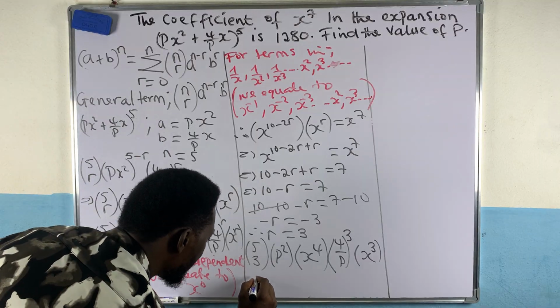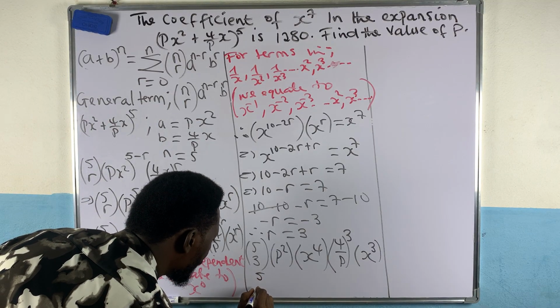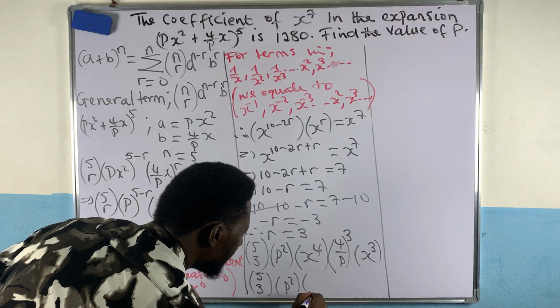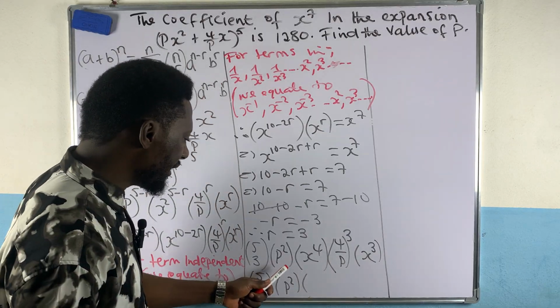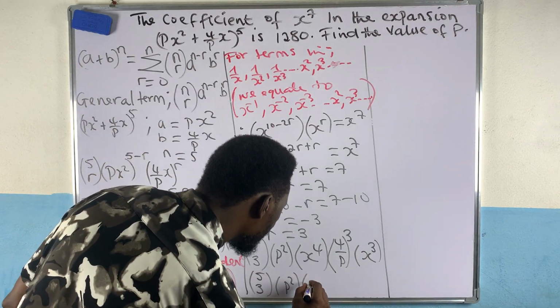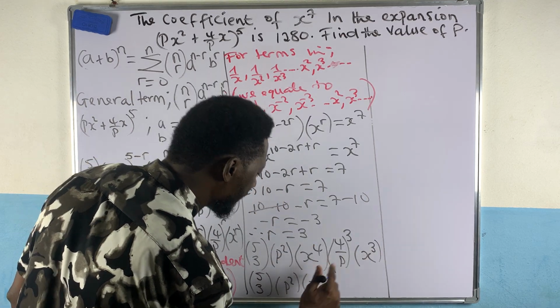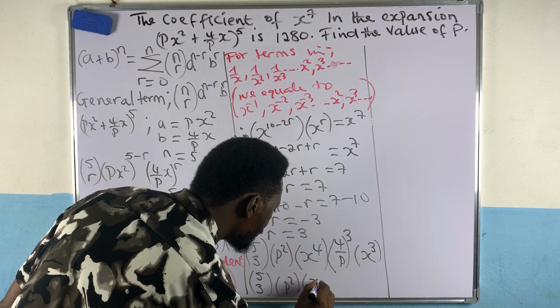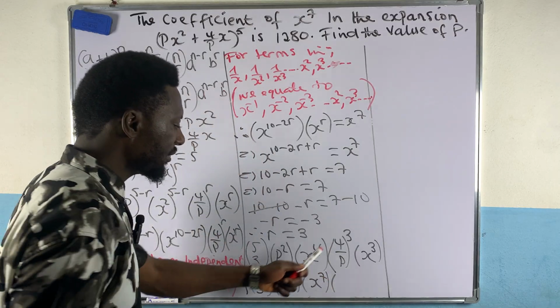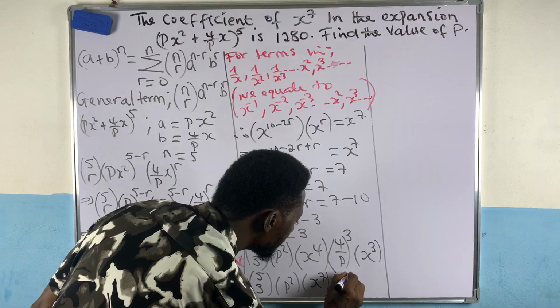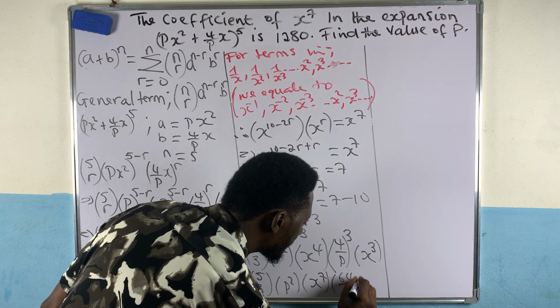So if I simplify everything, I'll have 5 combination 3 times p squared times, now we can already see that x to the power 4 times x to the power 3 is actually x to the power 7, times 4 raised to the power 3 is 64 all over p cubed.